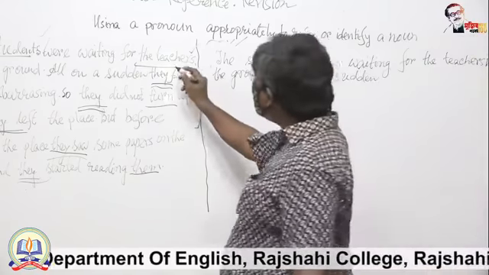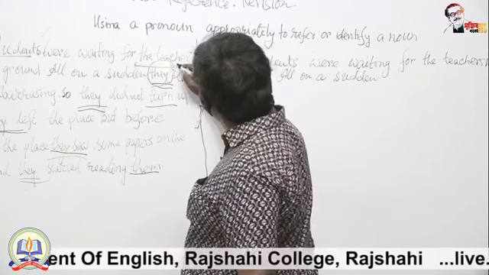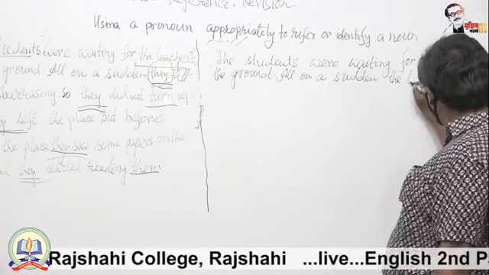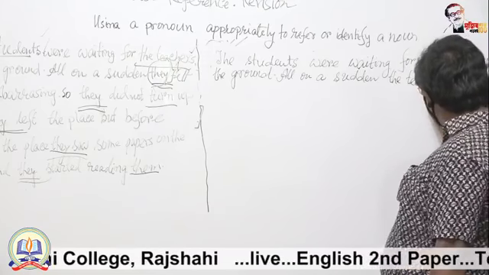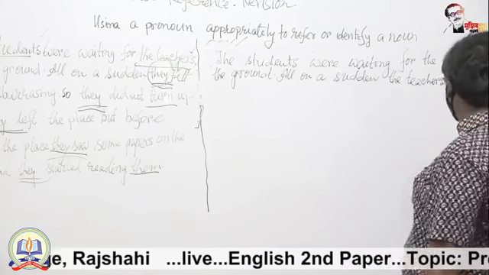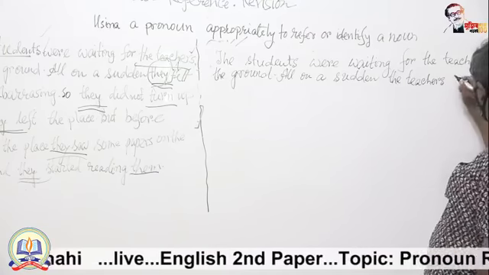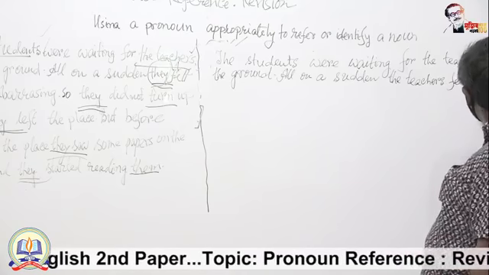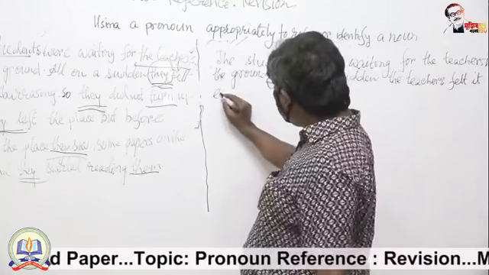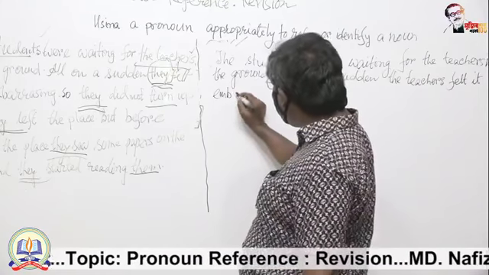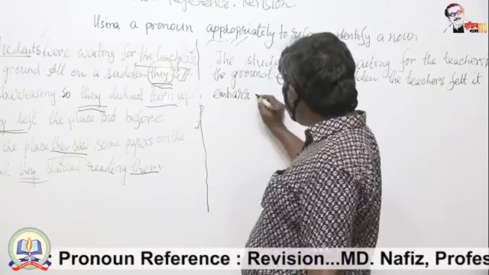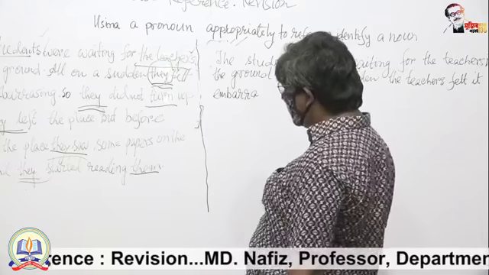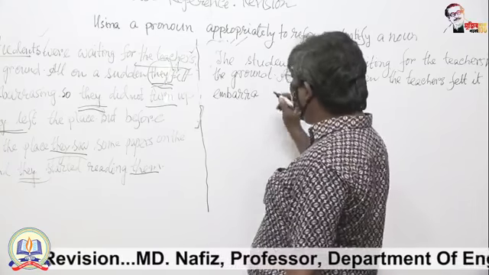In lieu of this they, number 1, the teachers felt it embarrassing. We will not change it, as we do not get a suitable noun in the previous sentence to replace it.